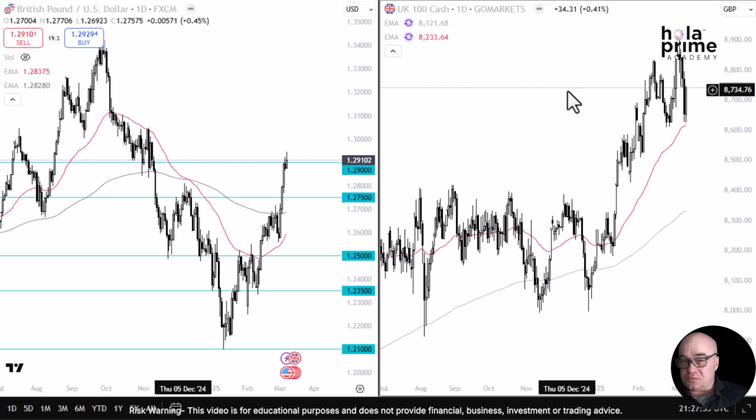They do have exports, of course, but it isn't like Japan or a country like China or perhaps even Australia, although Australia has a few specific things that are attached to its currency, such as commodities. So it's a little bit different there, but it does give you the same idea.